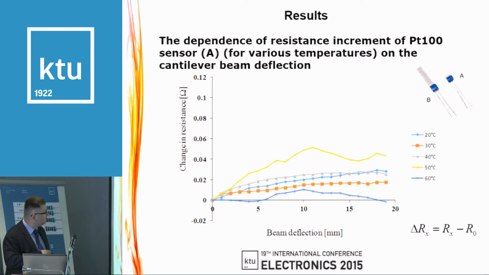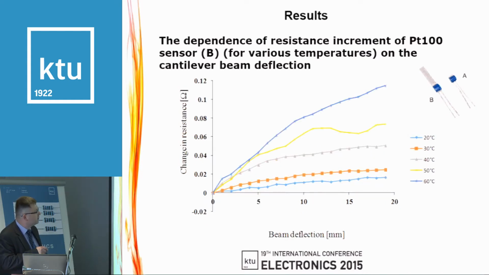For a small sensor, we can see that the temperature deflection effect is not so huge. But if we look at the huge sensor B, this one, we can see that deflection has an influence on the resistance of the sensor.